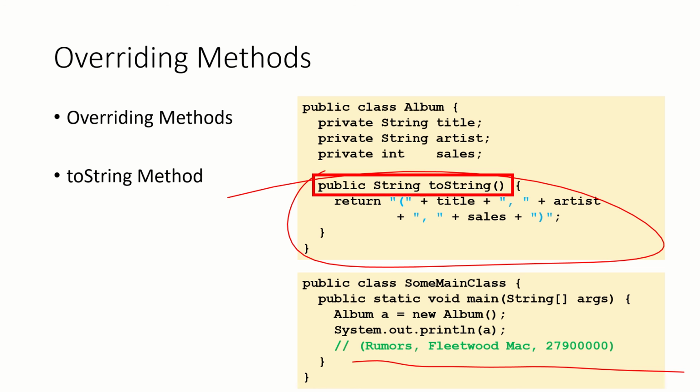So when you create a customized class, for example, Album, they automatically inherit these two methods, toString and equals, without any method body. If you want to use them, you try to fill in the method body.